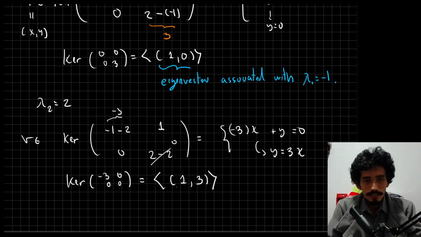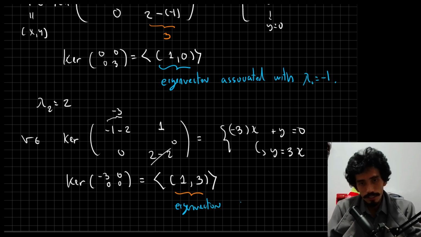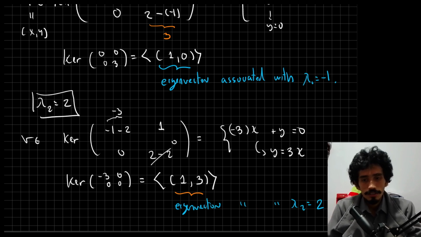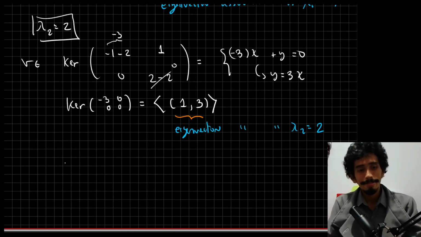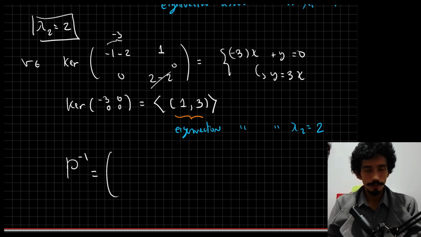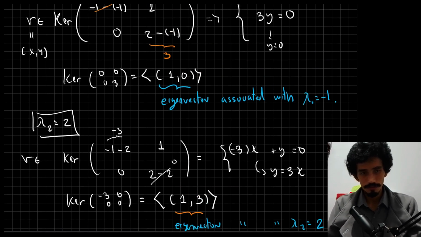This is the second eigenvector associated with the second eigenvalue. This one, so P minus 1 is, we put it as columns.